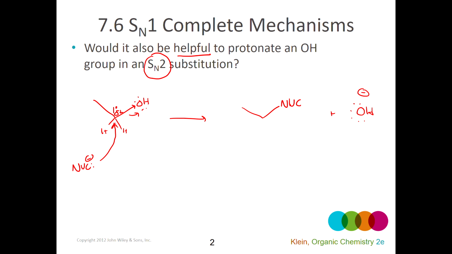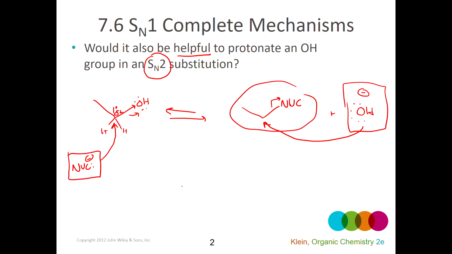A nice collision occurs there to produce these products, but if the products aren't very stable because the oxygen's still a small atom with a fairly large charge imbalance, it might come back in here and push the nucleophile out. So it would really depend on what's more stable, this nucleophile with a negative or the leaving group with a negative. So we might get some kind of equilibrium here.